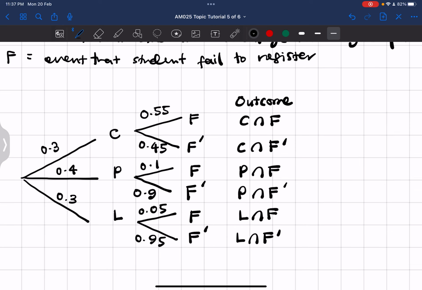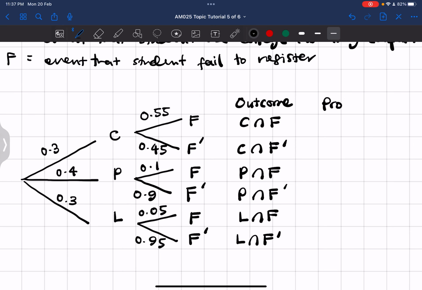So next is to find the probabilities. To find the probability, we're going to multiply along the branches.